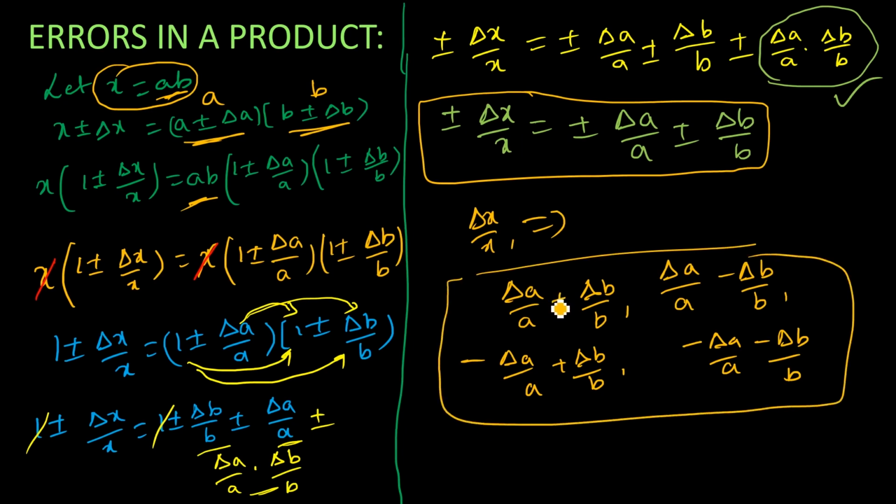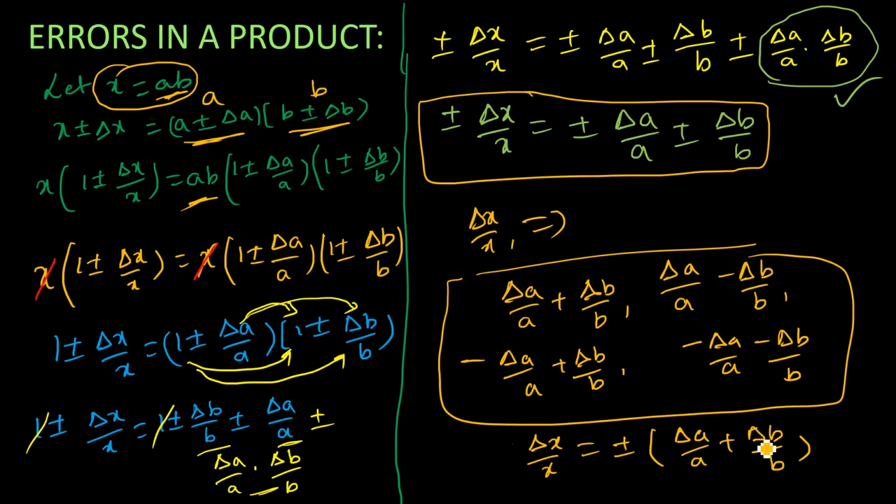The maximum possible value of delta x by x is equal to plus or minus, delta a by a plus delta b by b. That is, the maximum fractional error in the product of two or more quantities is equal to the sum of the fractional errors in the individual quantities.